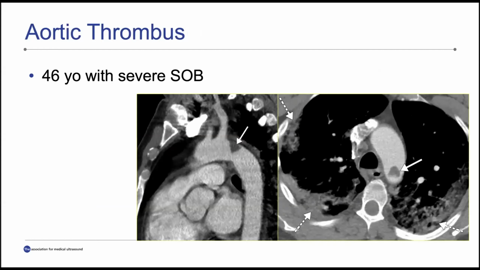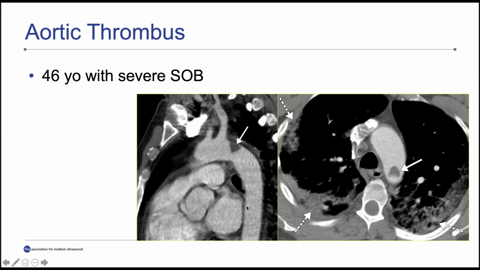Now, this is an unusual appearance. Here's a 46-year-old that presented with severe shortness of breath. Again, the images through the chest show evidence of pneumonia. But in addition to the pneumonia, we have an unusual appearance of thrombus in the aortic arch. So here we're looking at the arch of the aorta. Here are the branch vessels coming off.